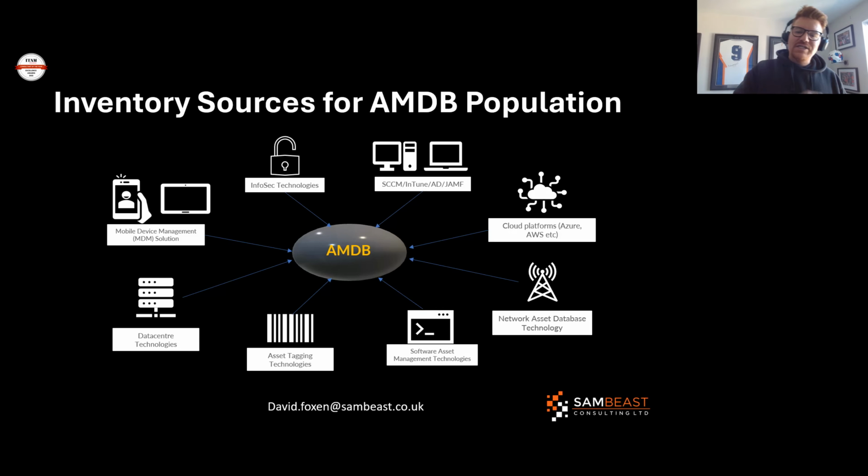Get that information into the AMDB, get your SAM technologies into the AMDB, get your asset tagging technologies in there, data center technologies, your mobile device management technologies, which may already be included in Intune, for example, or Jamf if you're using Apple devices, and your information security technologies as well. They can all add data, they can all enrich your AMDB to make it even better and that global central source of truth for your hardware assets.